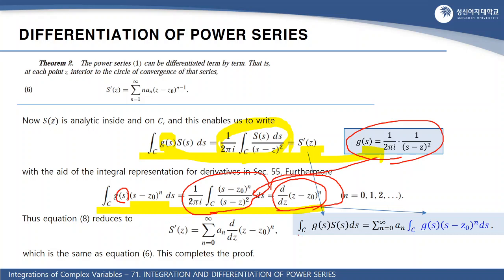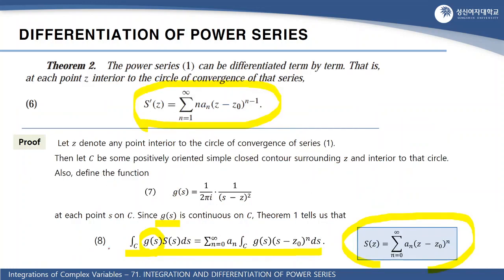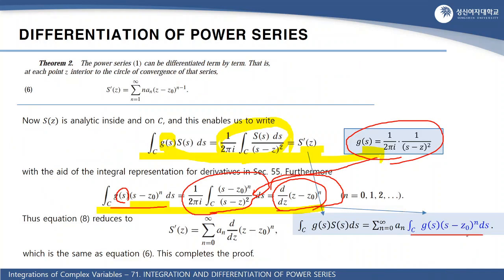So this is actually, in the previous equality, I mean expression 9, this. So this part can be replaced by this, and we just have this result. So on the left hand side, S prime of z can be placed here.